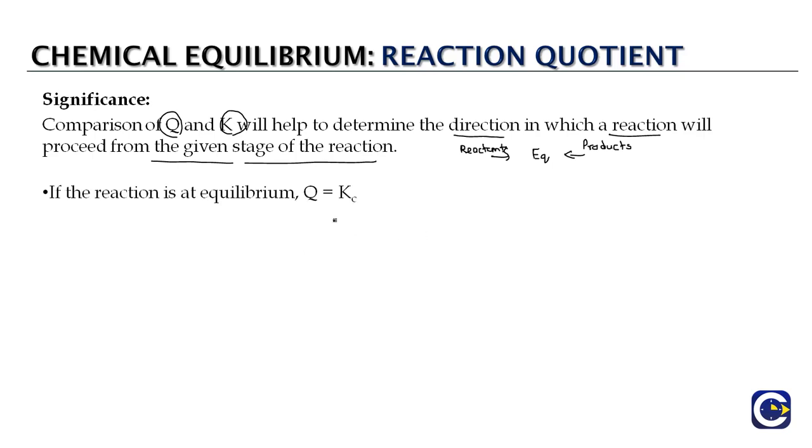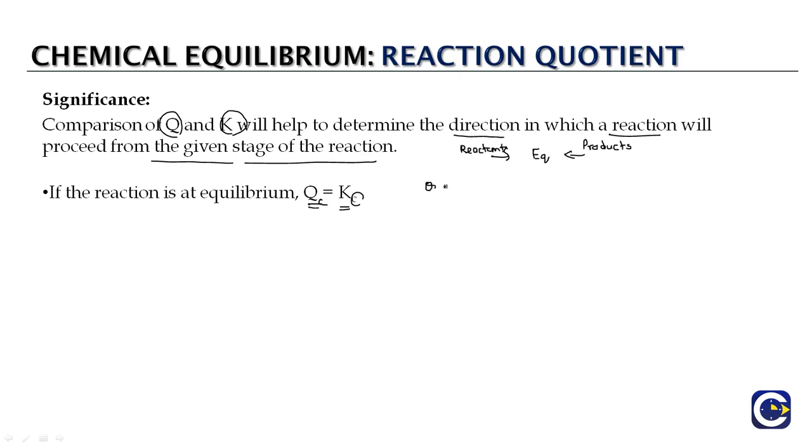Now as we already discussed, if the value of Q is equal to K or Kc, assuming that we are referring to the parameter using the concentration terms, then it would mean that we are already at the stage of equilibrium. And there will be two more possibilities.